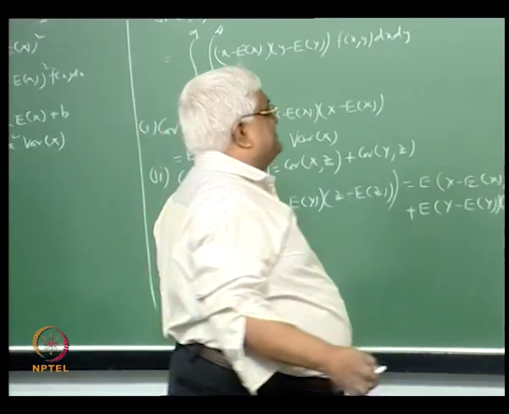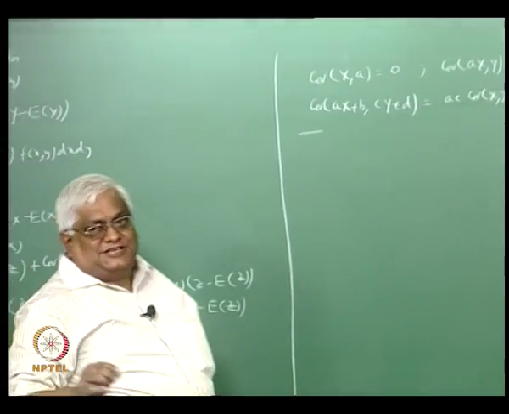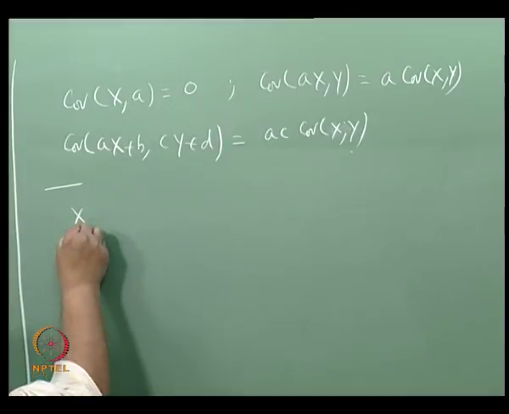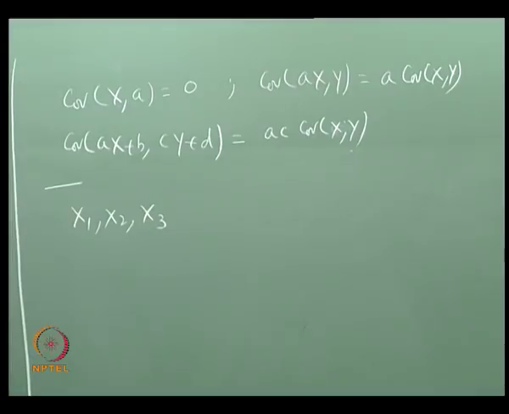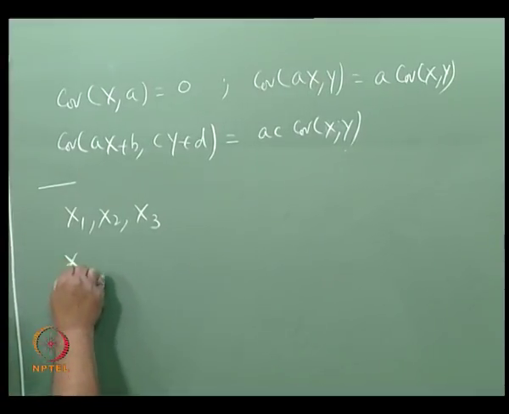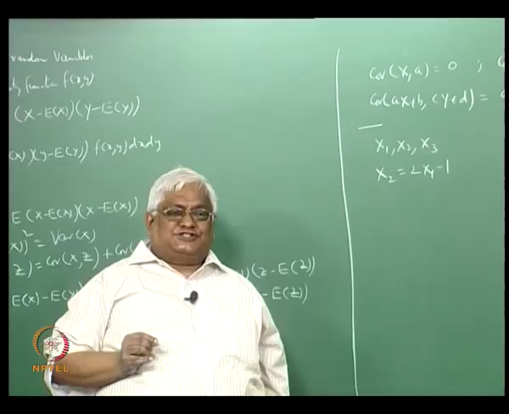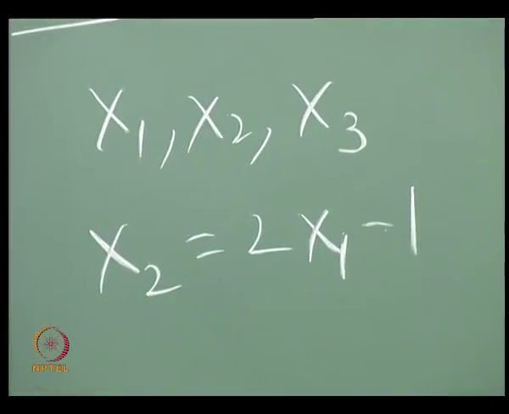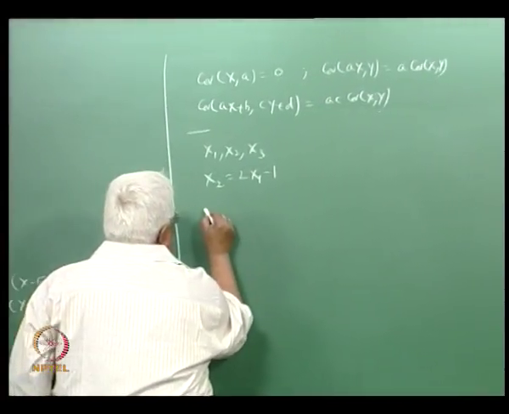Now, suppose we have 3 variables x1, x2, x3, and suppose x2 is equal to 2 x1 minus 1. Now, what is this matrix?